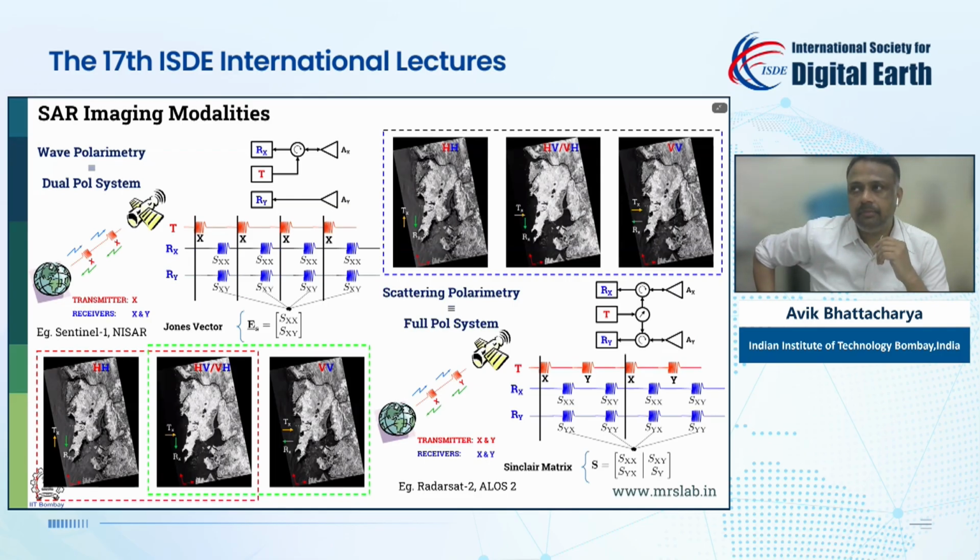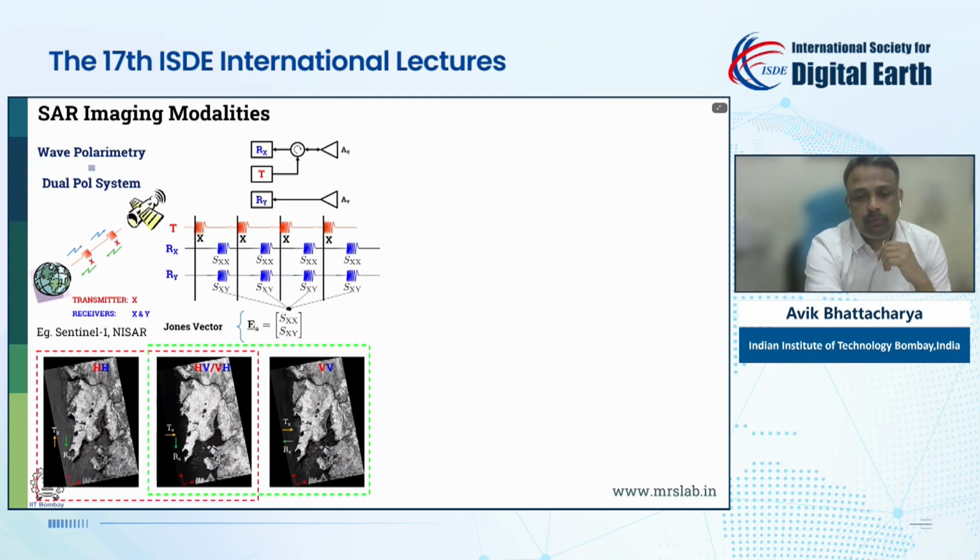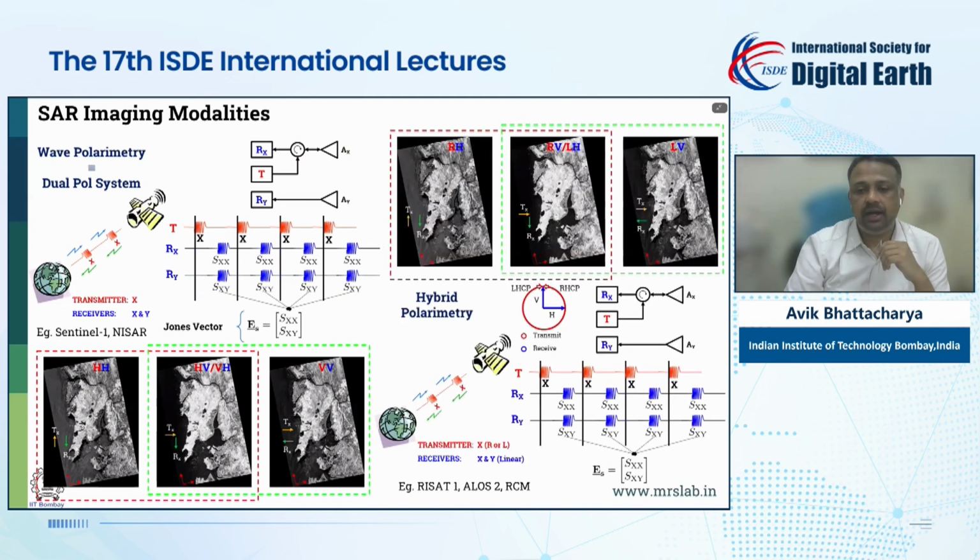These are all complex measurements, amplitude and phase measurements. So you have one representation for dual-pol scenes and a different, matrix representation for a full-pol scene. We have another modality, the hybrid modality, where you send a circular polarization and measure the linear components.